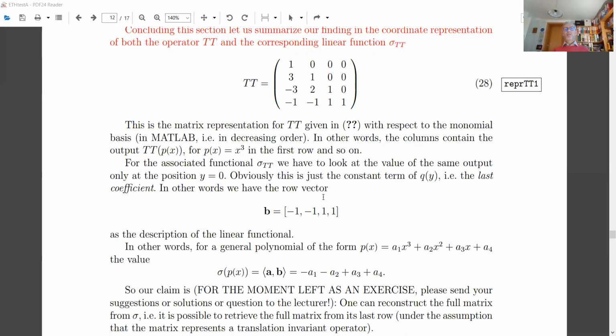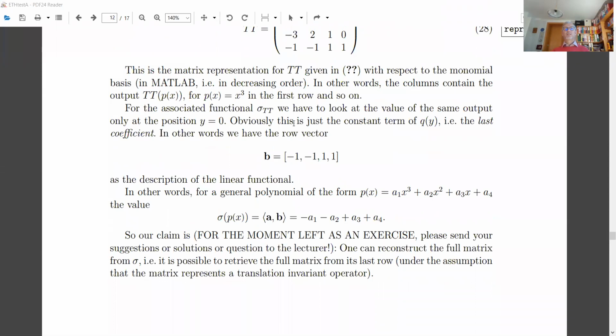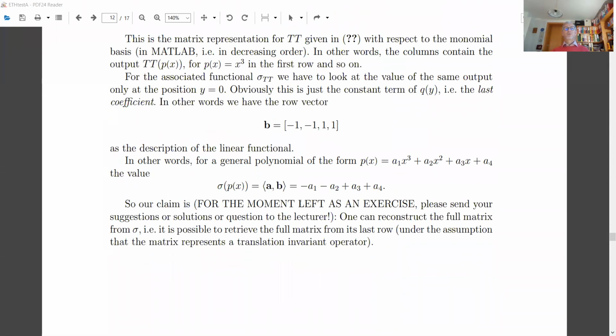Still, you would like to know how to get from this row vector the full matrix. So how do you get the upper part? The claim of the previous course was, if you know the matrix represents a translation invariant operator on the cubic polynomials, then there is a unique way of expanding the row vector to a 4x4 matrix. I would like to leave this as an exercise or as a challenge if you want.